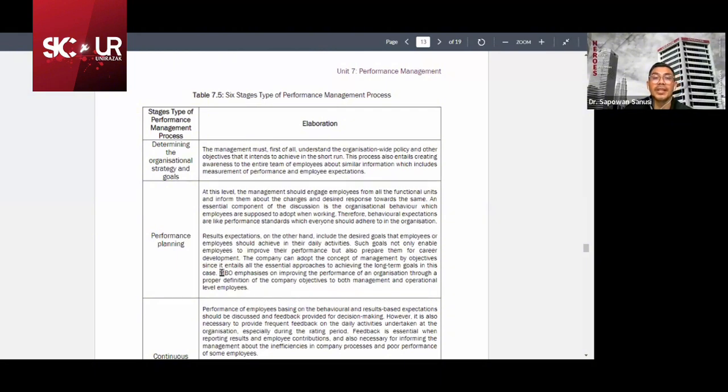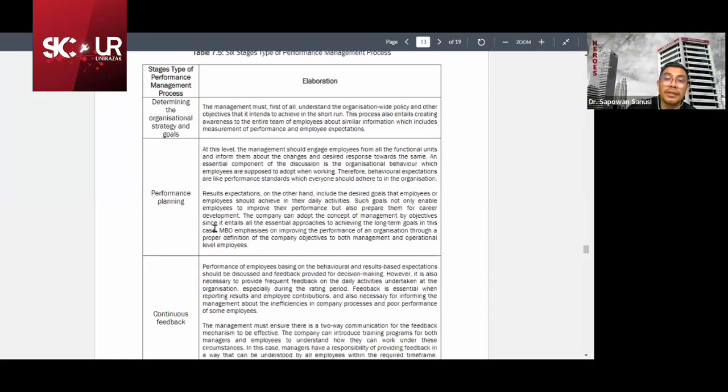Example, MBO, management by objective, emphasis on improving the performance of the organization through a proper definition of the company objective. Okay, ini stages tu. Pertama, goals. Kedua, look and plan for the performance. Di sini, you decide which plan you want to do. MBO tu salah satu dia lah.